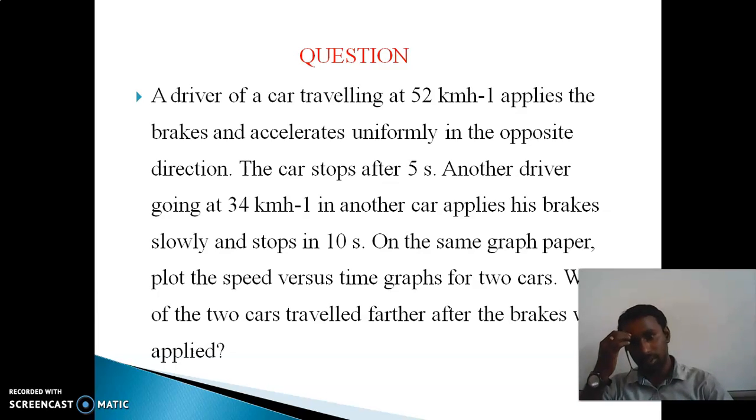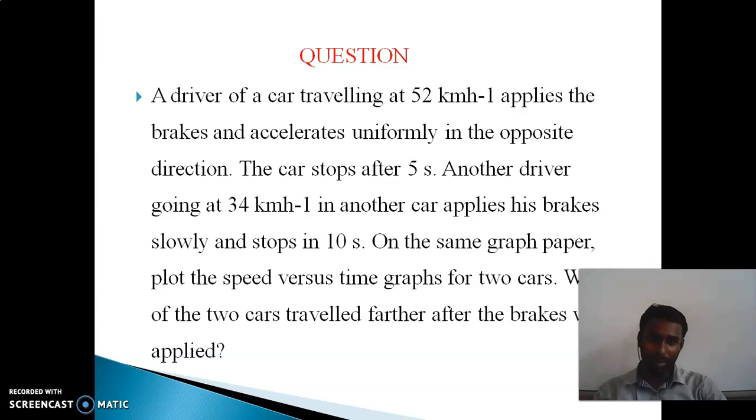Okay, let's come here. On the same graph paper, plot the speed versus time graphs for two cars. Which of the two cars travels further after the brakes are applied? There are two cars coming. One is coming at 52 km per hour, another at 34 km per hour.